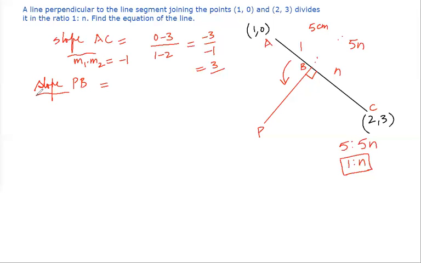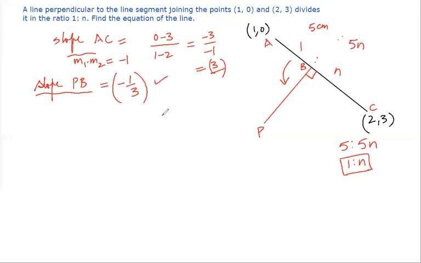So we divide minus 1 by the slope of AC. So it will be minus 1 by 3, so that when you multiply these two, you get minus 1. This is the slope of PB.